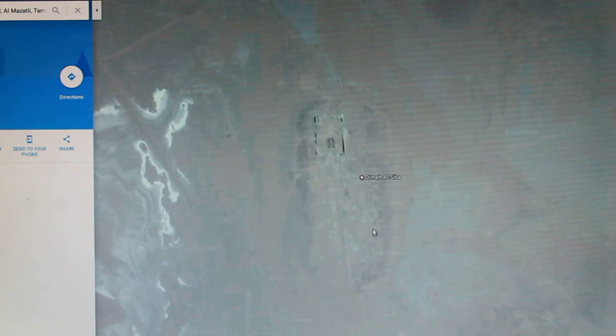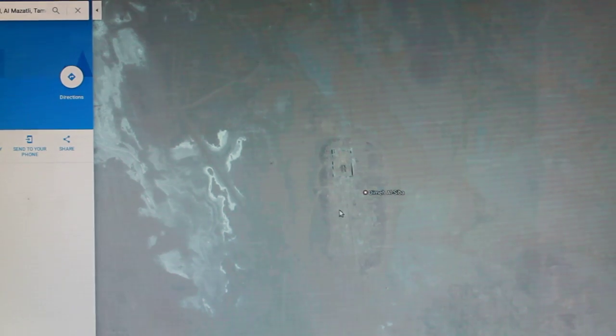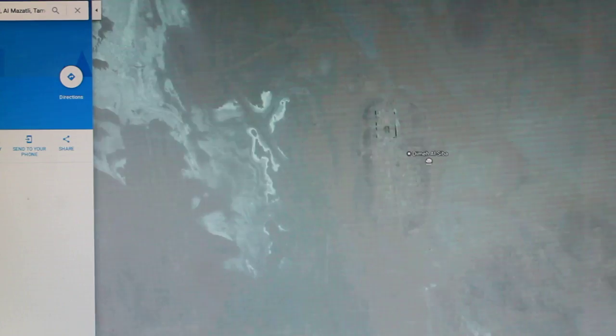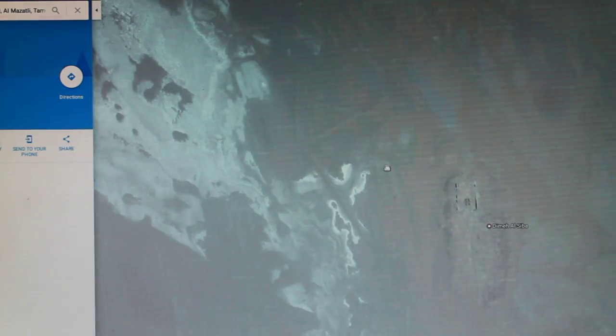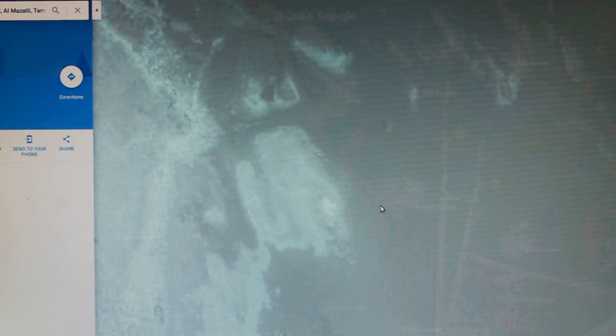Let's zoom out. This may have been surrounded by water. This could be the island of Lake Moeris described by Herodotus. We zoom out a bit, and if we actually go northwest, we can find those pyramids which have been discovered.